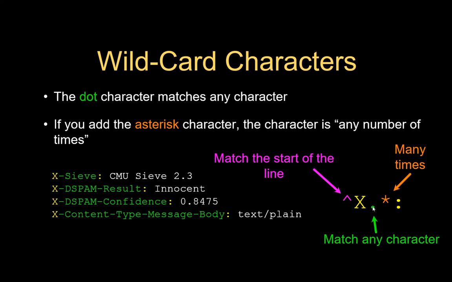Then we have the character dot. Dot means any character can be used here. And then we have star. Star means the character before it, which can be any character, can happen 0 or multiple times. And after that we have the colon sign.